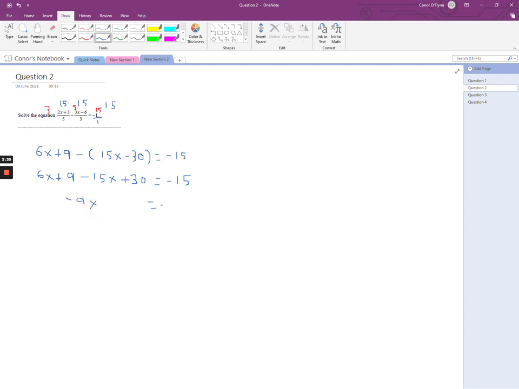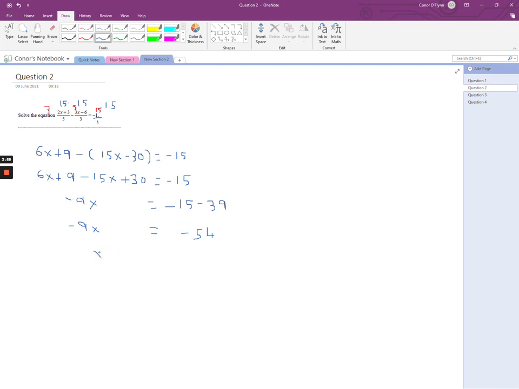Okay, I have my minus 15. I've 9 and 30, that's 39. And I'll bring that over, that'll be minus 39. And then just solve for x. So that's minus 54.